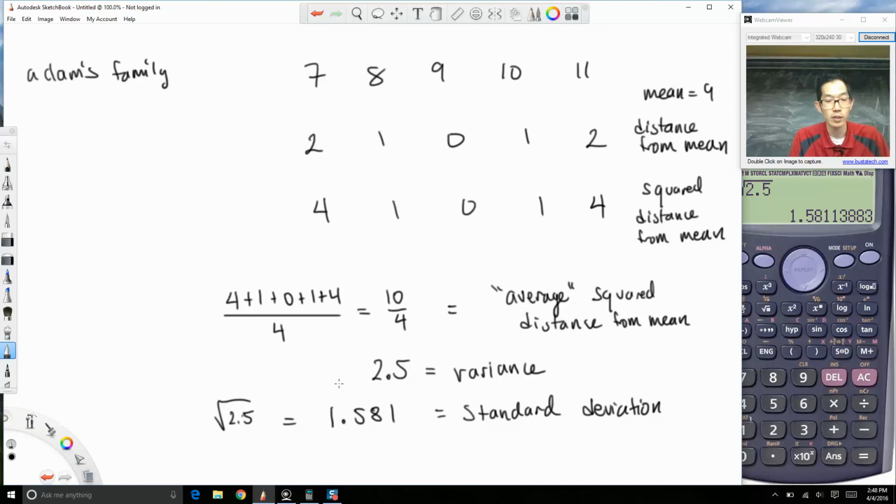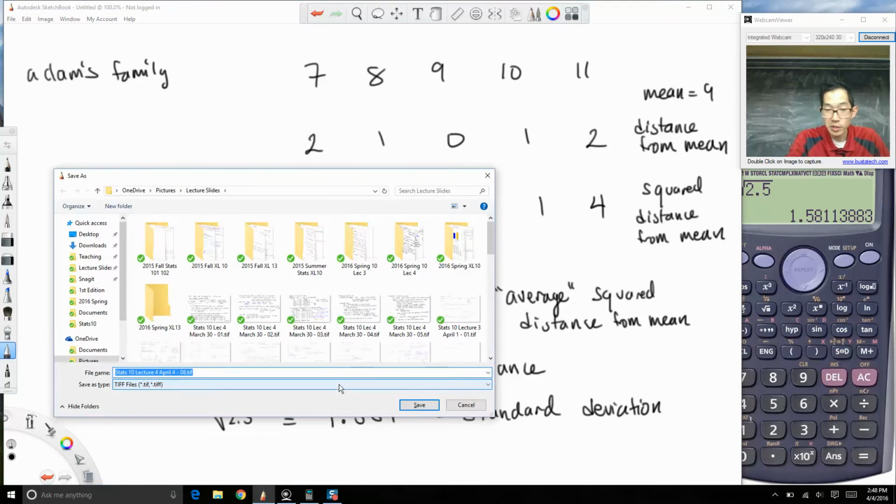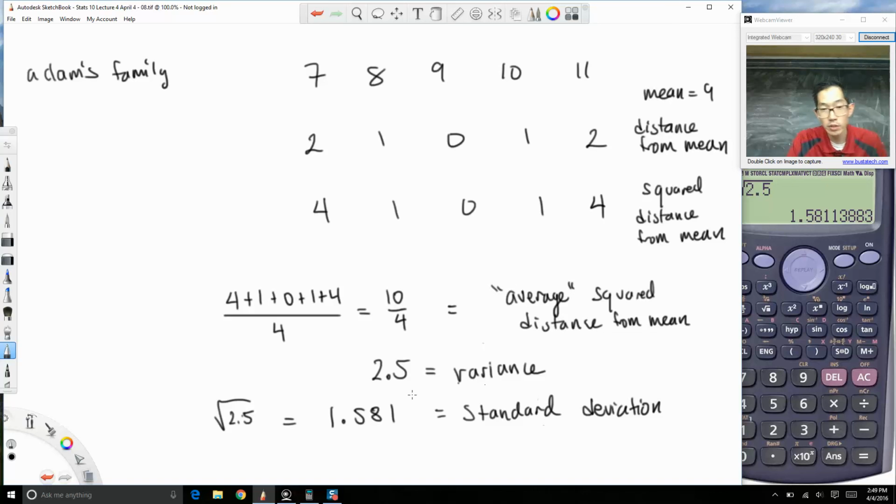And so this value is the standard deviation of ages 7, 8, 9, 10, and 11. If we look at the standard deviation here, we have 1.581. If we look at the standard deviation of the Baker family, it was something like 6.324.